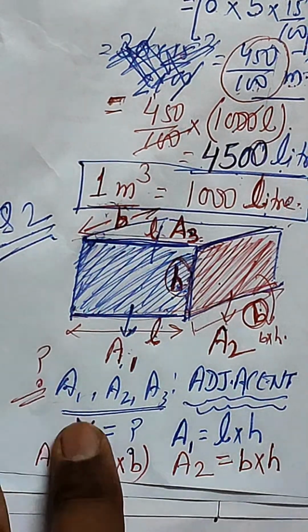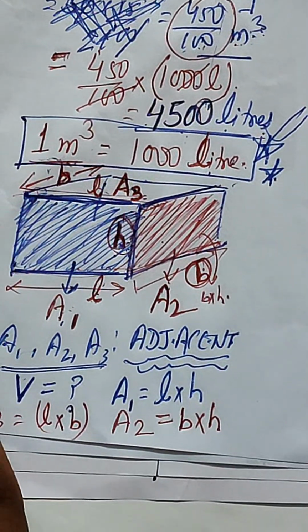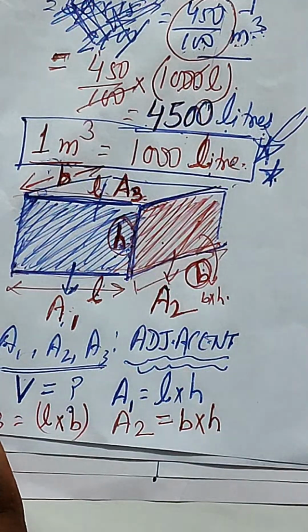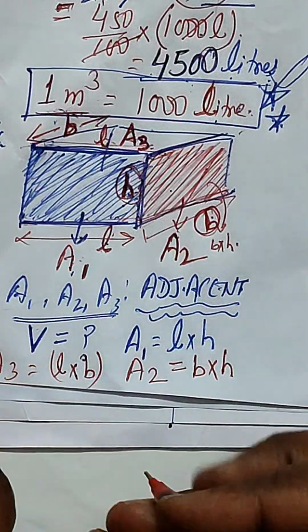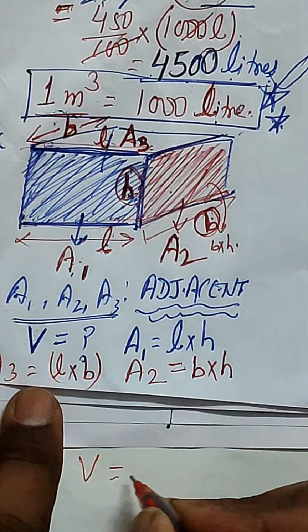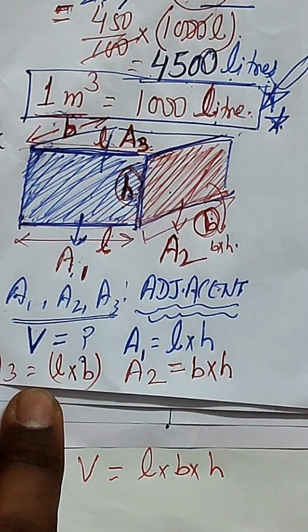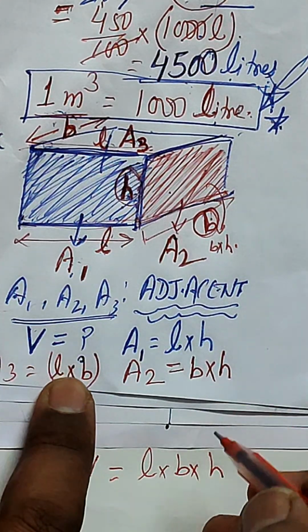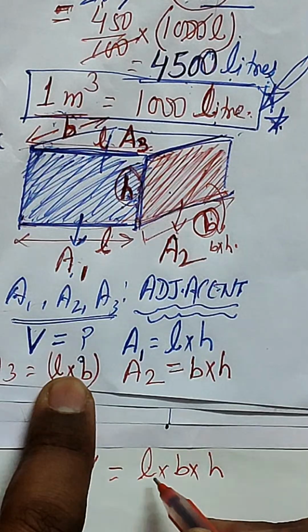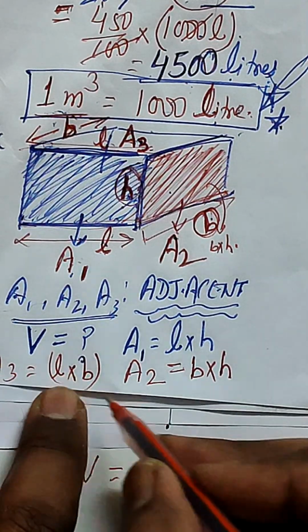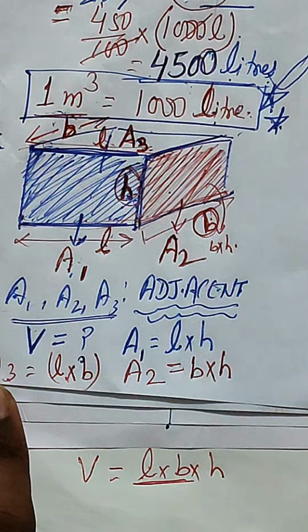Now the volume can be written as, since the paper is less, let me shift it a little downward. Yes, let me write it over here. The volume of a cuboid is L into B into H, so in place of L into B, we can write A3.